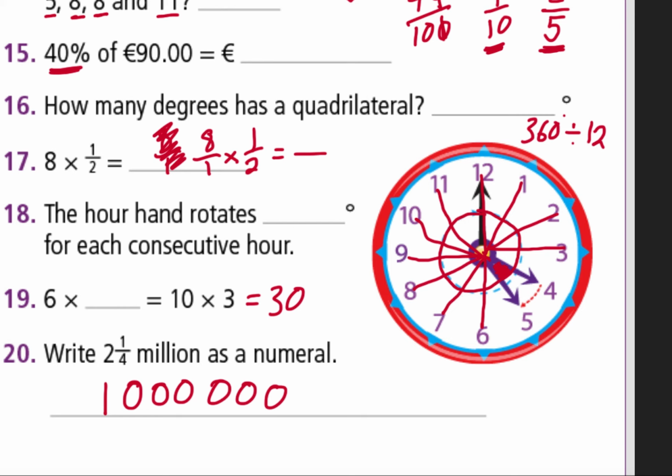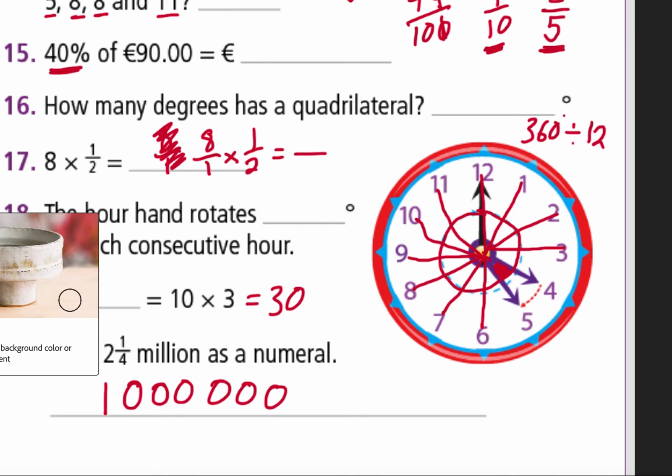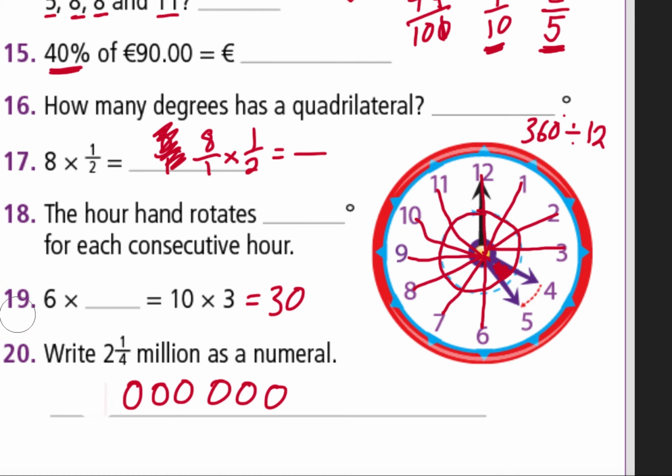So 2 million would look like that, except instead of a 1 at the start here, we'd have a 2. And there's also a 1/4 of a million. Now we can work out what is a 1/4 of a million by taking 1 million and dividing it by 4. That will give us a 1/4 of a million.